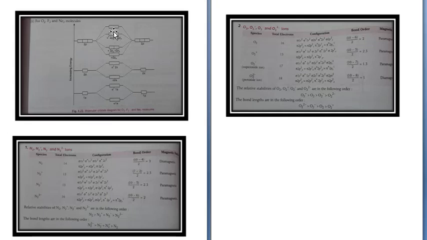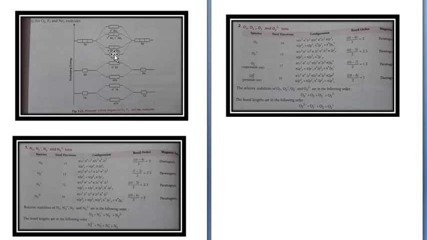So the change here is that sigma 2px will be below the pi 2py and pi 2pz. Now the oxygen molecule contains unpaired electrons in antibonding molecular orbitals, so it is paramagnetic in nature.